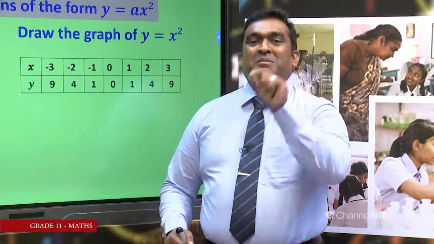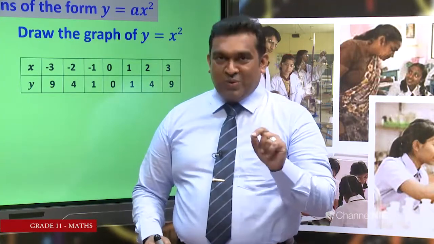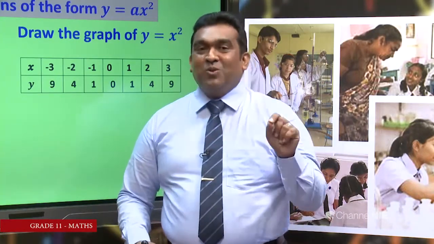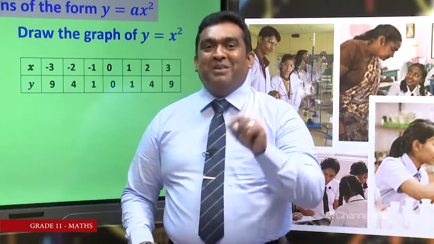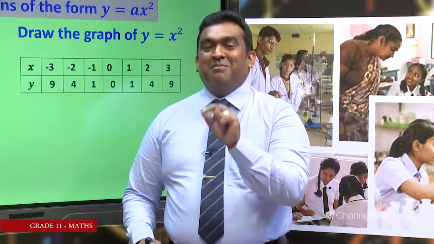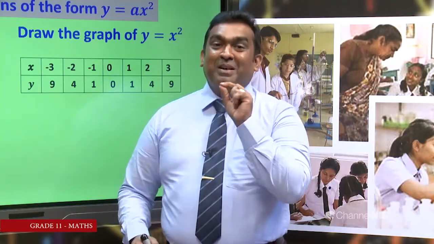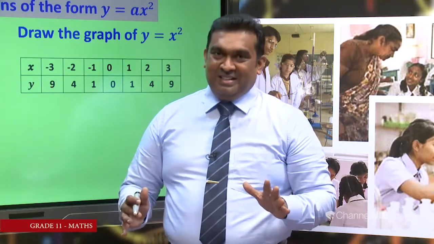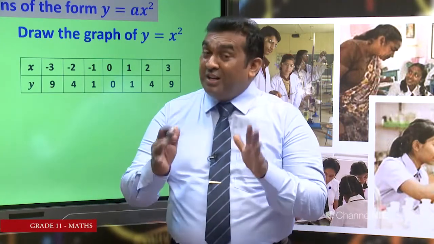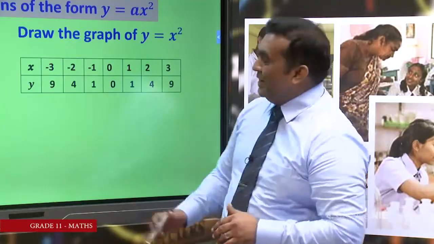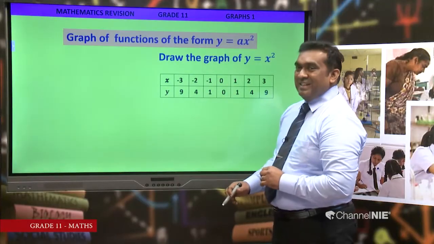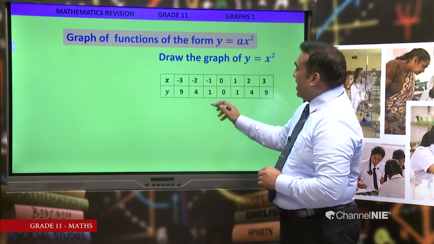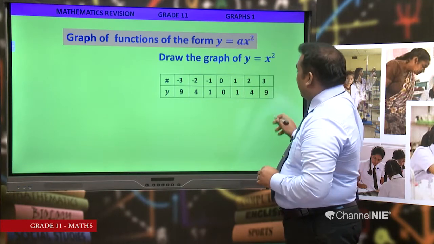Then -1 multiplied by -1 is +1, 0 multiplied by 0 is 0, 1 multiplied by 1 is 1, 2 multiplied by 2 is 4, 3 multiplied by 3 is 9. Using that function, we can find the values of y: 9, 4, 1, 0, 1, 4, 9.